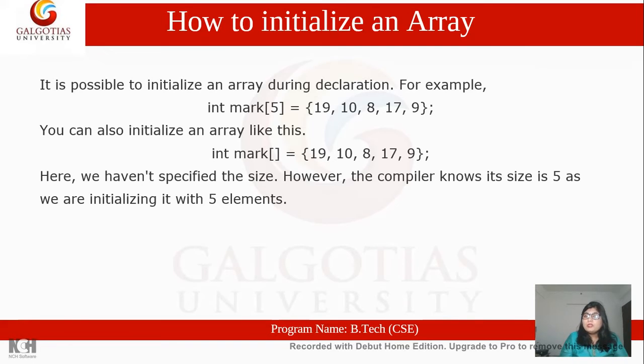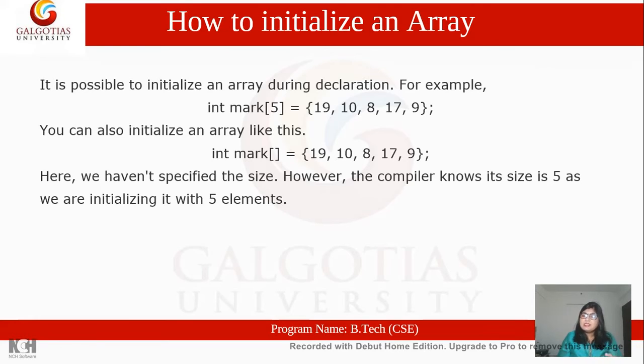You can also initialize an array like this, as you can see in the slide, the second way. You define the data type, you define the name, and in the square braces you do not write the number, the size, and you write the assignment operator which is equal to, and you write 5 elements. I have purposely taken exactly the same elements here.